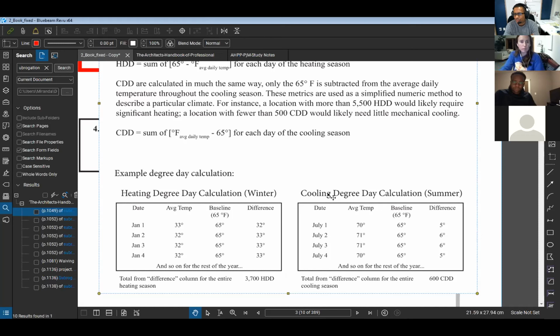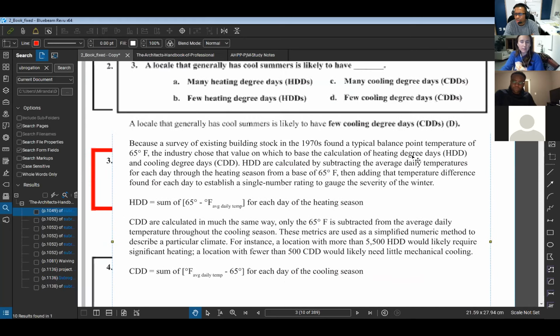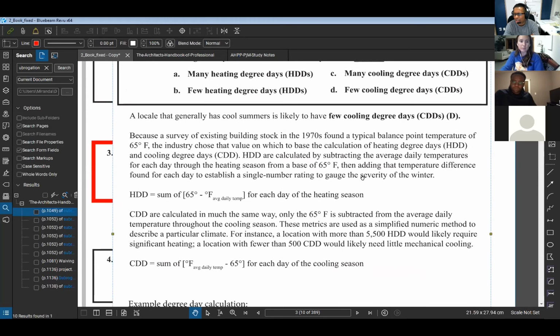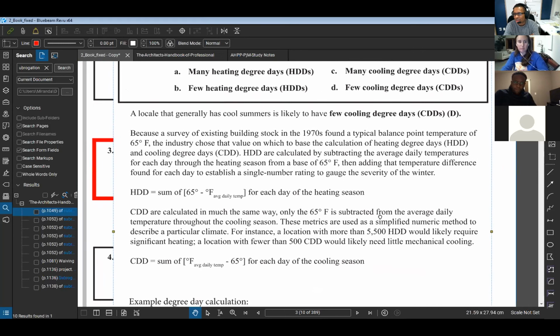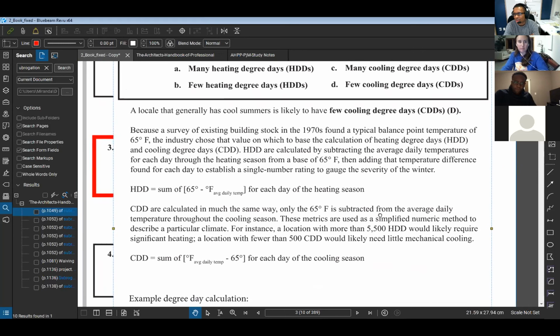The answer is really good, so I can study my wrong answers. So the rationale is: few cooling degree days, meaning they're not going to need to be cooling this place too much. It's the opposite of what we were saying. They worry more about the cooling than the heating, so you don't have to worry about cooling it.